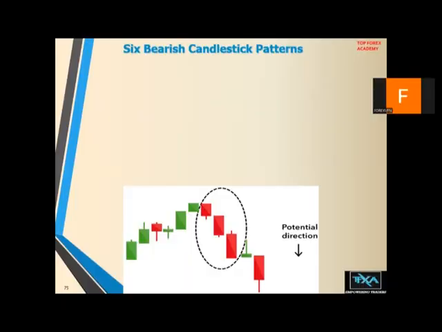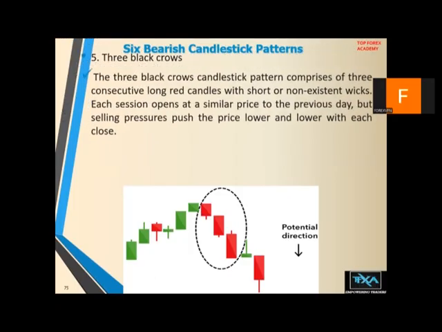The next is the three black crows. These are also the opposite of the three white candles, the three white soldiers. So the three black crows candlestick pattern comprises three consecutive long red candles with short or non-existent wicks.